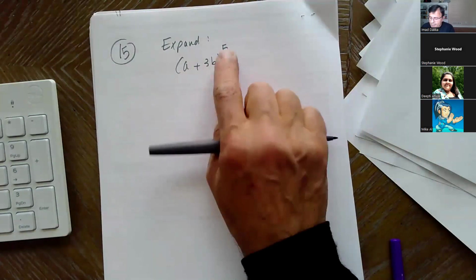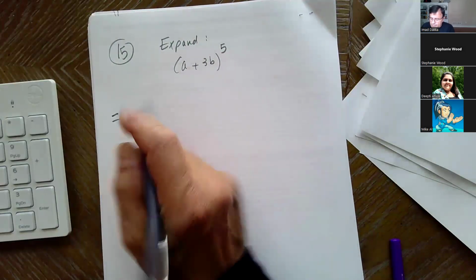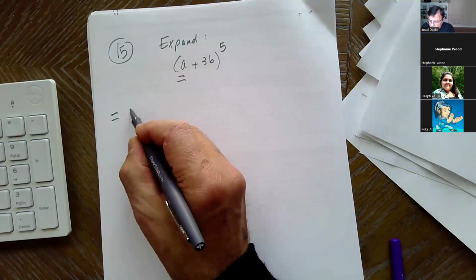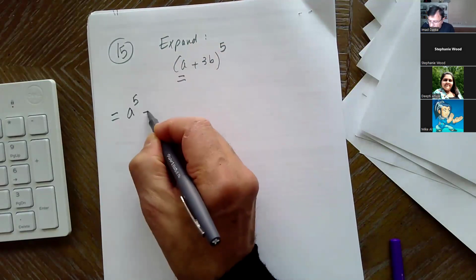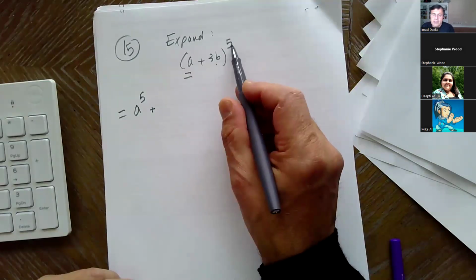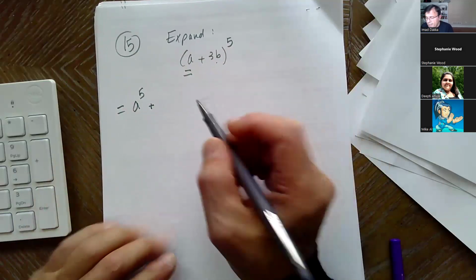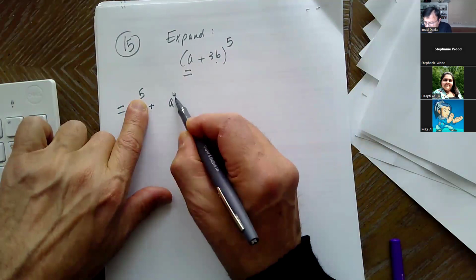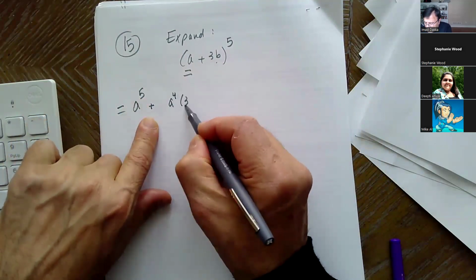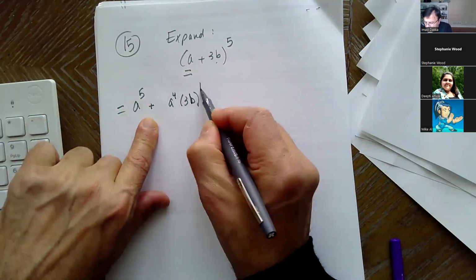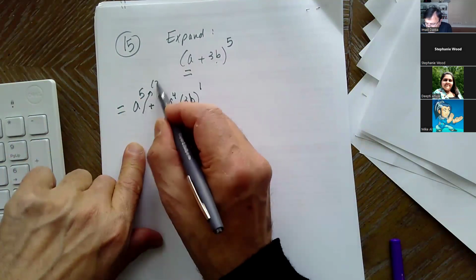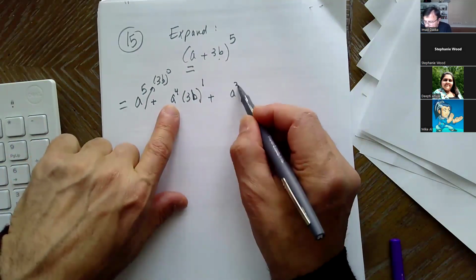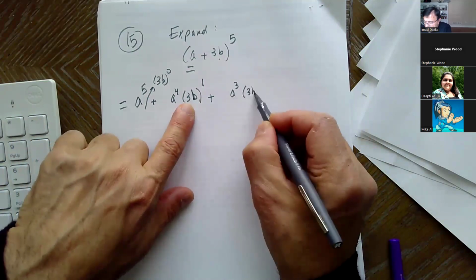In order to expand this, the first term is going to be whatever that is to the highest power, and 3b to the 0, which we don't write. And then for the next one, you keep decreasing this by 1 and increasing the second one by 1: a to the 4th, 3b to the 1, because this is actually 3b to the 0. And then a cubed, 3b to the second.